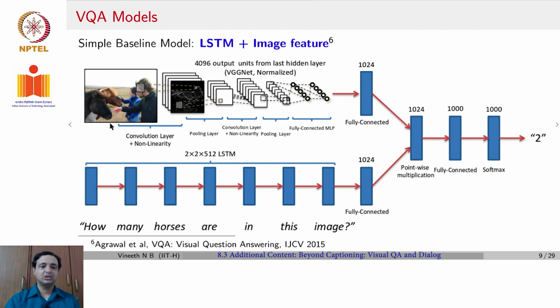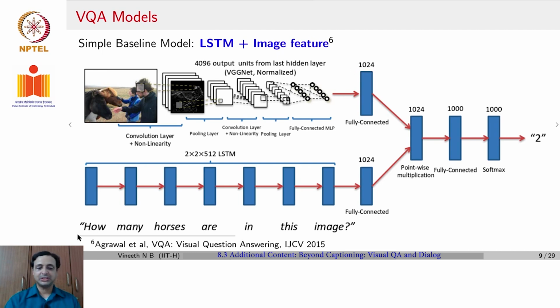So given an image, you have a CNN. In this case, you see a VGG net, and at the end of the CNN, you get a fully connected layer's representation, which is in this case 1024 dimensional.